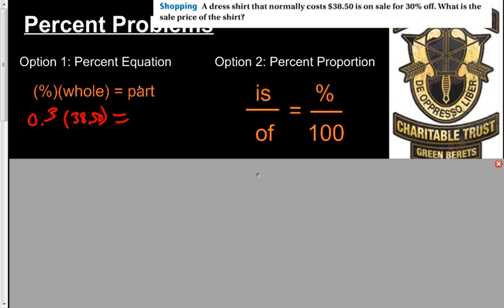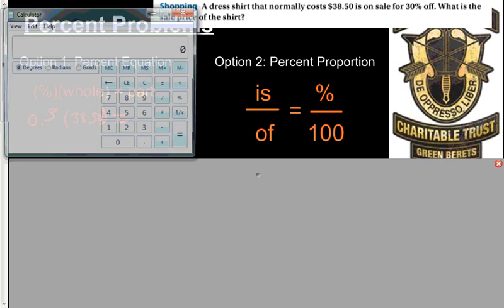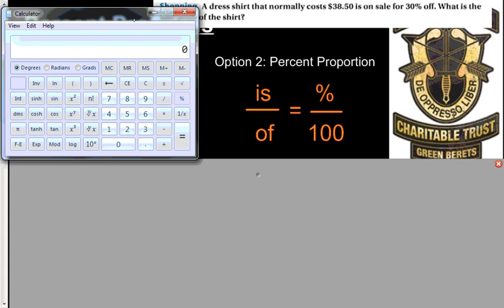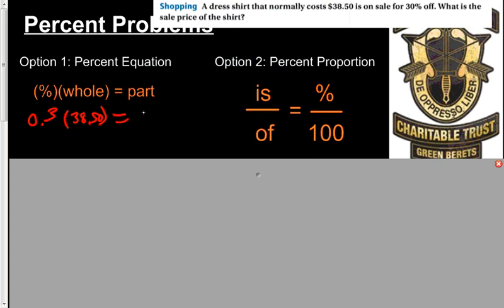And we'll get our answer as to what the cost is, the part, the part that you're taking off. I'm going to take my calculator and show you what I would do using this percent equation. I would do 0.3, or 0.30, whatever you want to write for 30%, times 38.50, and I get 11.55. That's the part that you're taking off of this.